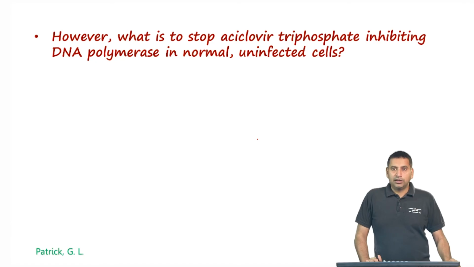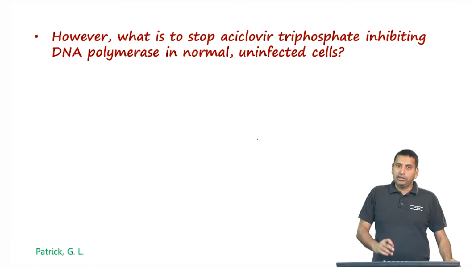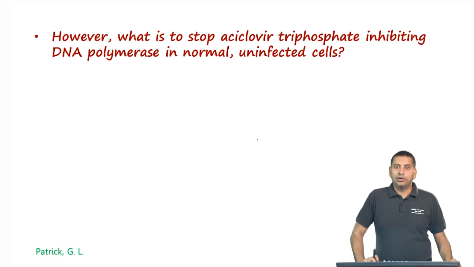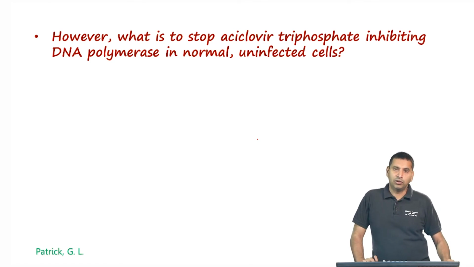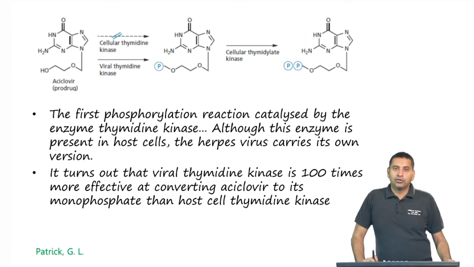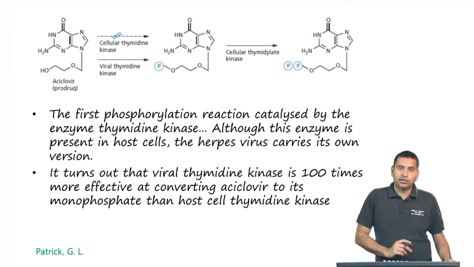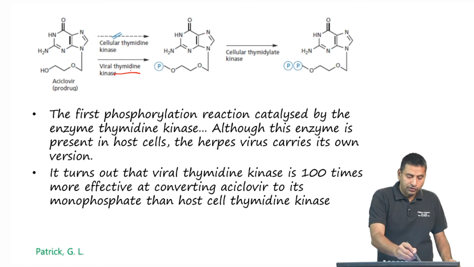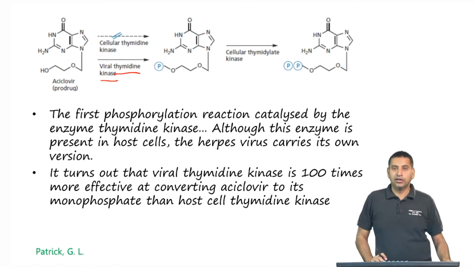Okay. So, this is the classic example of a chain terminator. Now, the question we would need to address is, how is this molecule going to be selective? That is, how is it not going to affect the DNA polymerase in normal uninfected cells? The first phosphorylation reaction is carried out by an enzyme known as thymidine kinase, and this enzyme is present in host cells as well as the herpes virus.